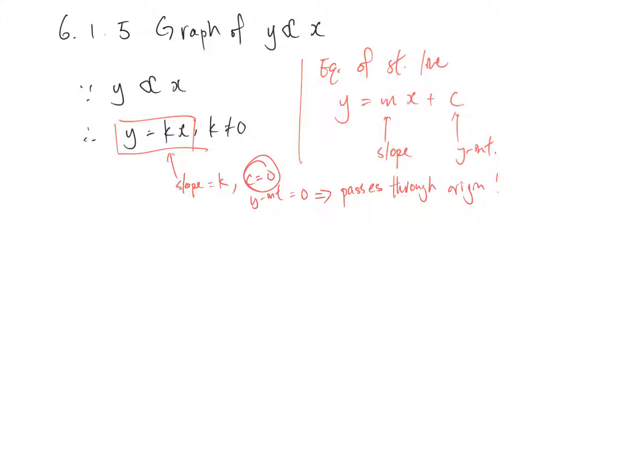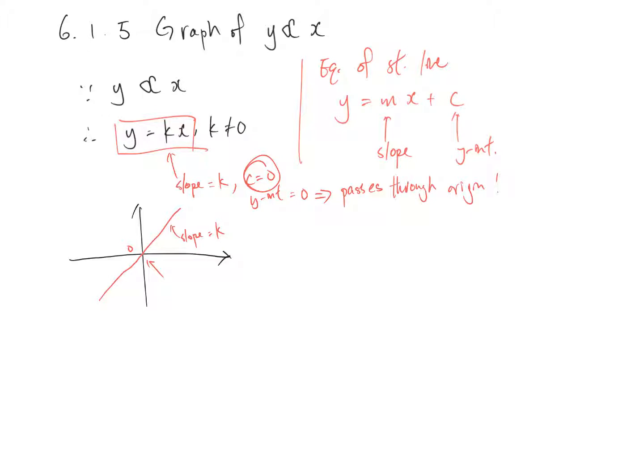So then we know that this graph will look something like this, passing through the origin and with slope equal to k.